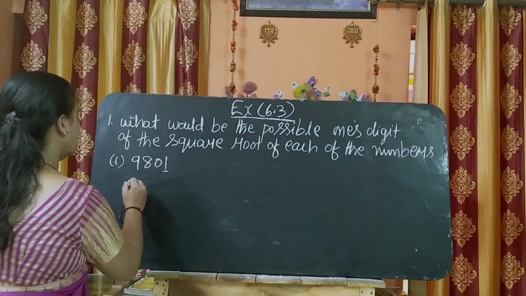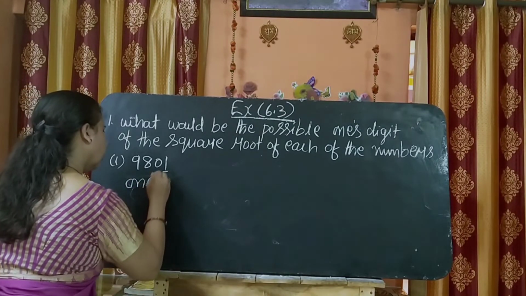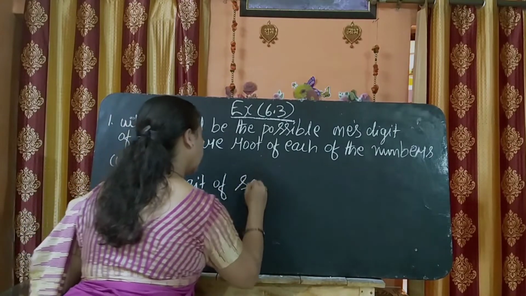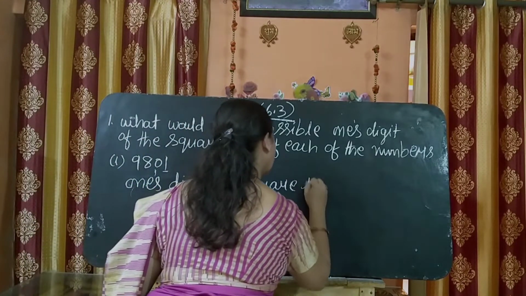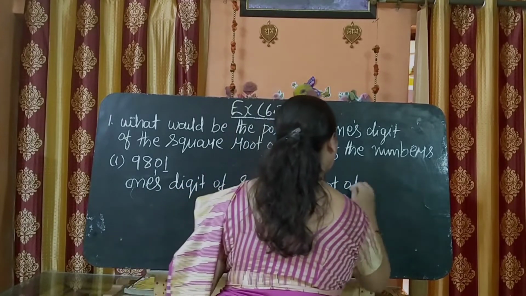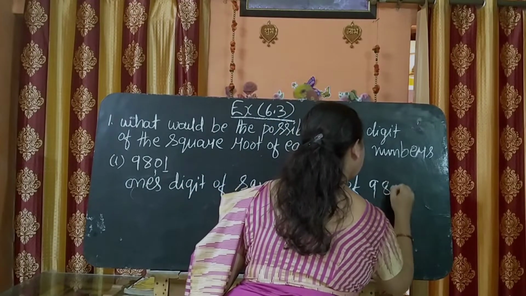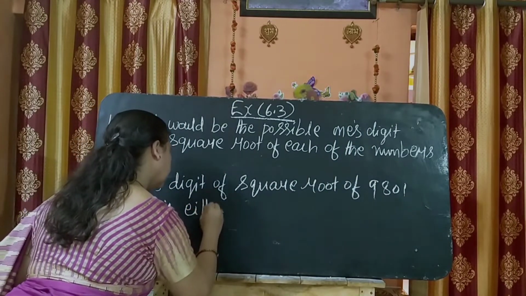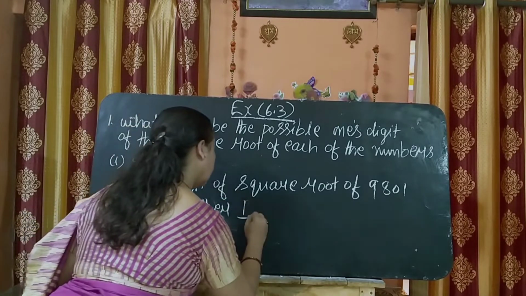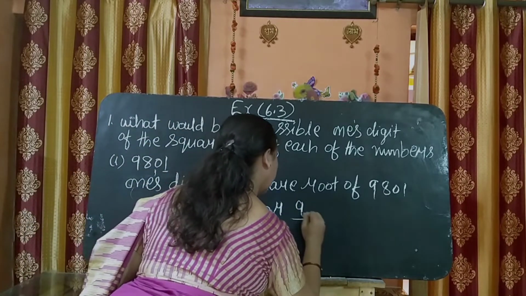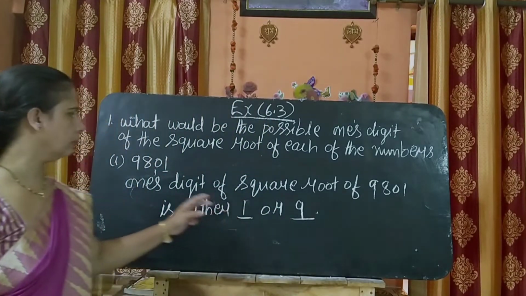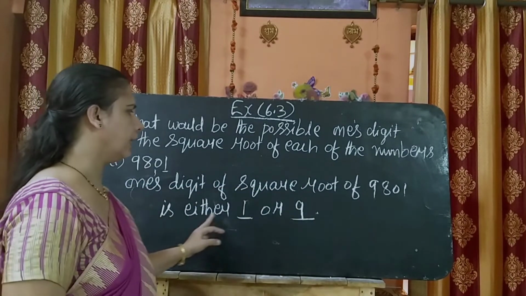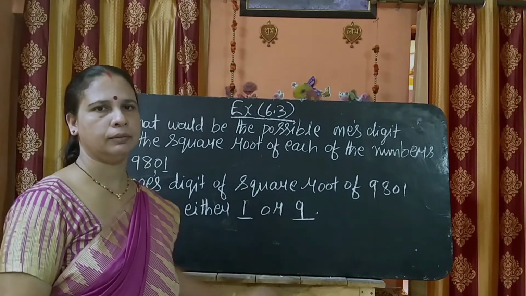Here the ones digit of the square root of 9801 is either 1 or 9.